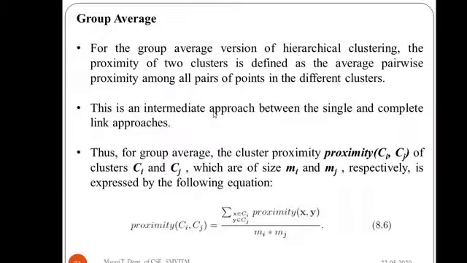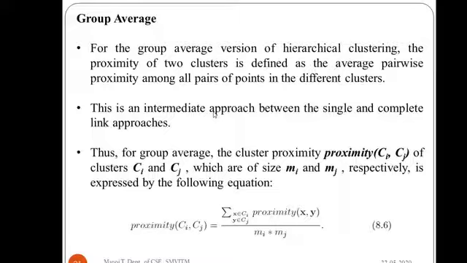Then we will see the group average. For the group average version of hierarchical clustering, the proximity of two clusters is defined as the average pairwise proximity among pairs of points in the different clusters. So this is an intermediate approach between single and complete link approaches. Thus for group average, the cluster proximity, that is proximity of Ci comma Cj, of clusters Ci and Cj, which are of size mi and mj respectively, is expressed by the following equation.